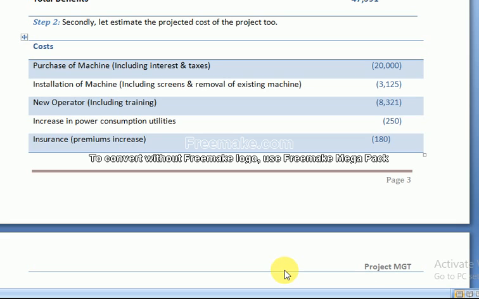This is just a supposition. $250 is what will be used on electricity per month. We will also insure this machinery. So I call the insurance company, tell them all the specifications of the machinery, and ask in what amount they will insure this machinery for us. The insurance company says that $180 per month you will pay as insurance premium.